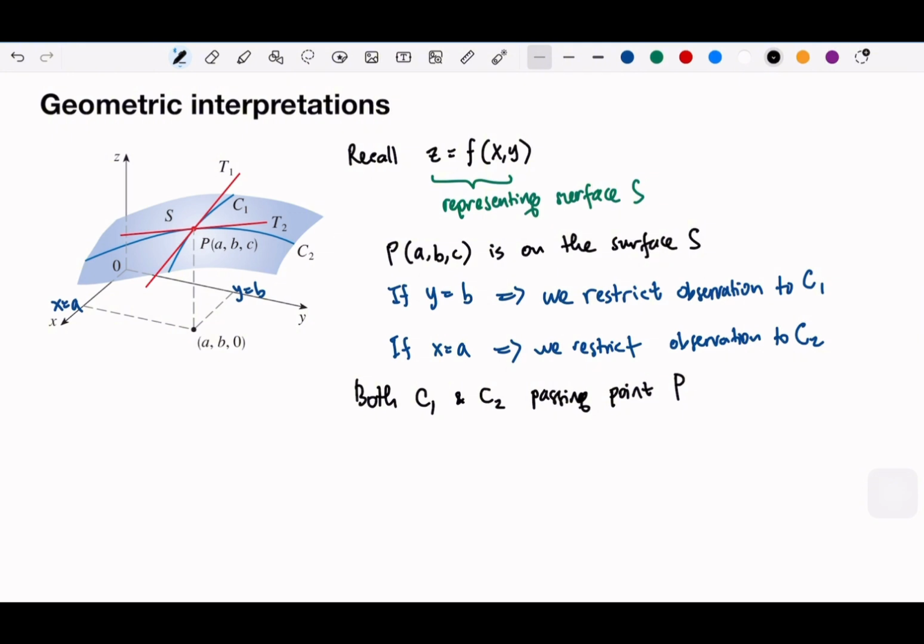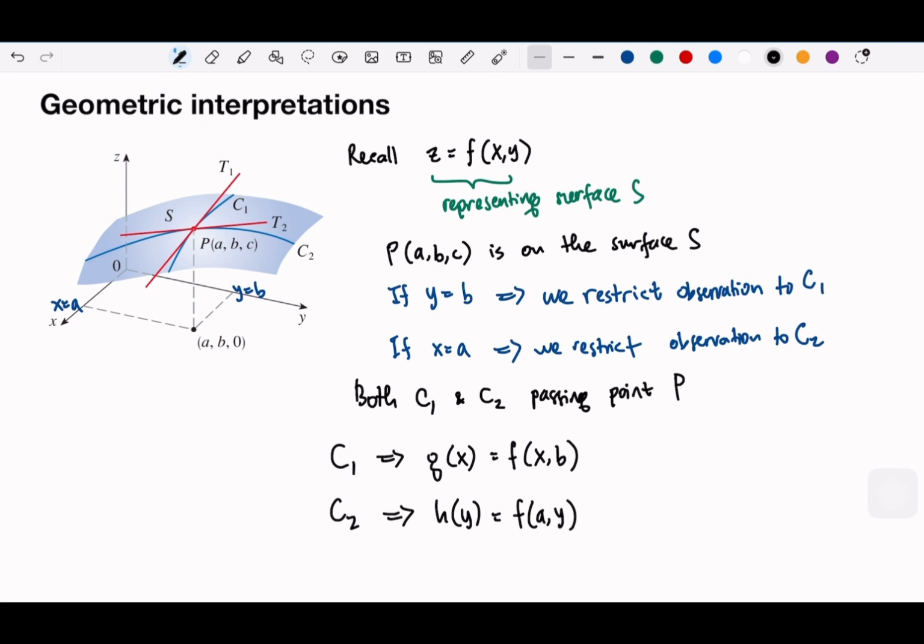This curve C1, based on our previous limit definitions, let me rename this as a function g of x, which is f of x, b. y is a constant b, from the surface function. And the C2 will be h of y, okay.